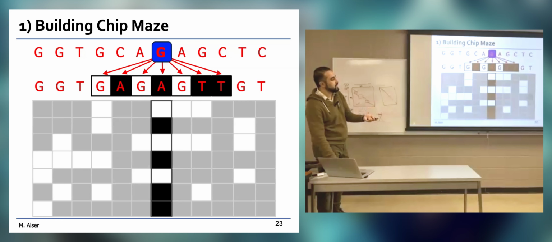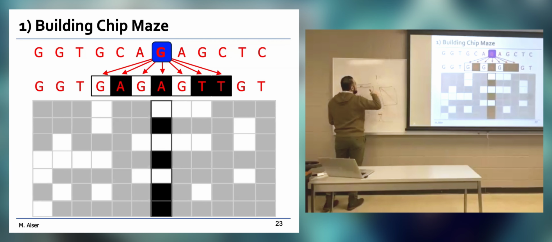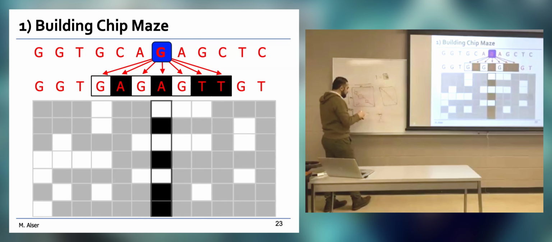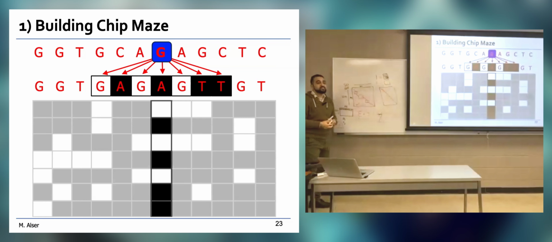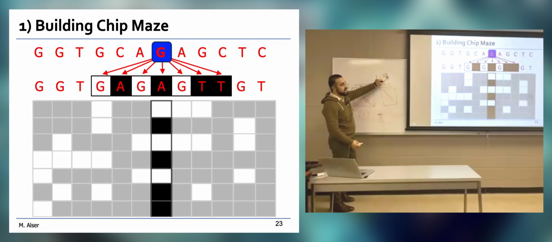G and T, 1 and 1, okay? So the 1 is a black box. And the 0 is nothing, just an empty box. What does it mean? It means a match, a mismatch, okay?